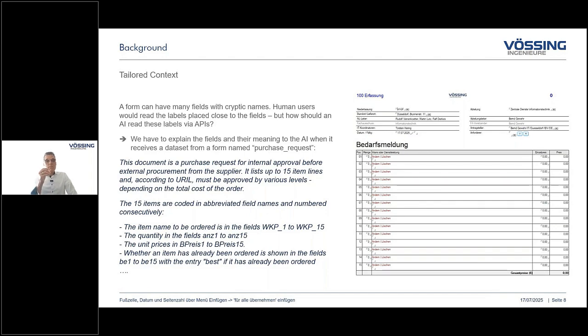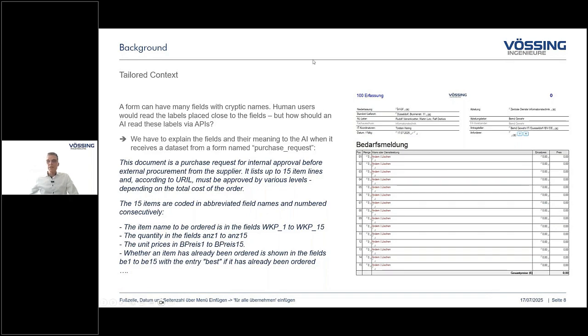And only because this was described this way, the JSON that the Vössing AI gets from the context awareness feature is a bit understandable to it, and it can work with the data just like it would understand the form. But this is important. If you don't do this, the result is poor. If you do this, the result is great.